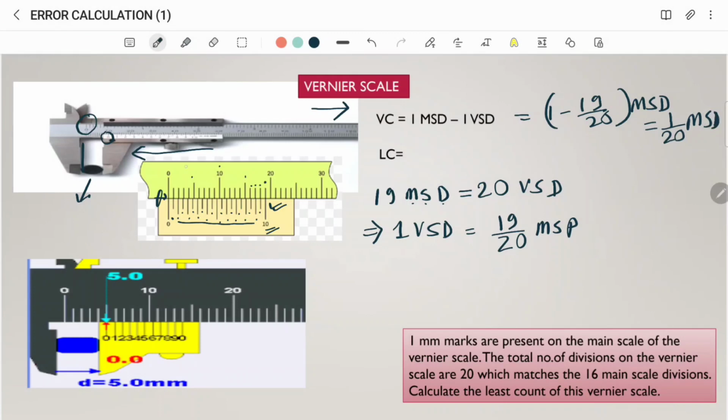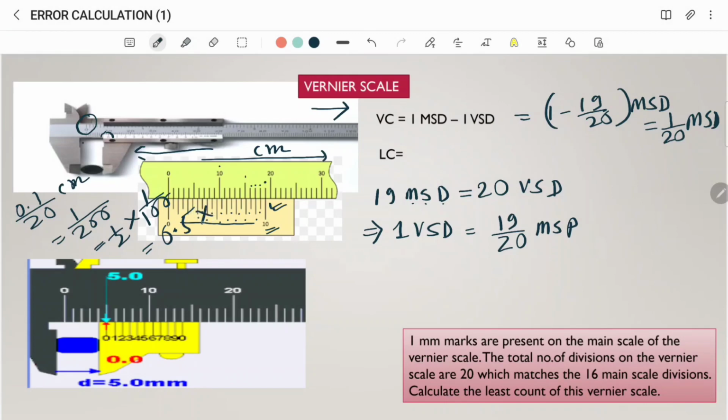So in the main scale division, let us consider this is a centimeter scale. In this scale, we could only measure 1 over 10th, that is 0.1 centimeter, but in the vernier scale we can measure 0.1 by 20, which means 1 over 200 or half over 100 or 0.5 into 10 to the minus 2, 0.005.